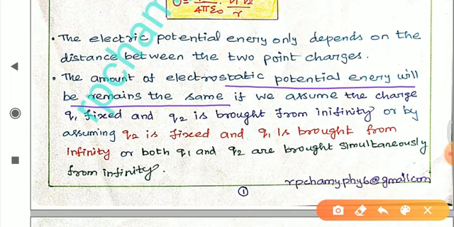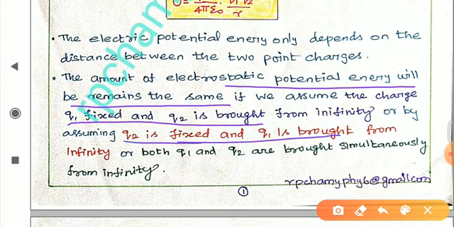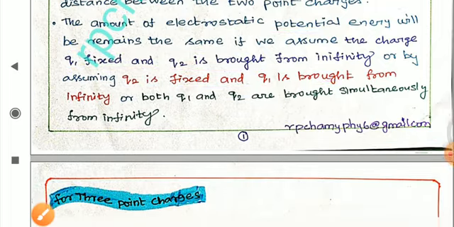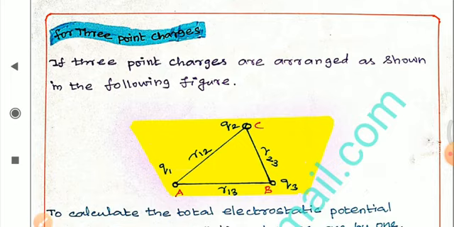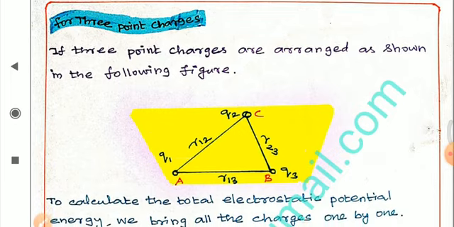If we assume q1 is fixed, q2 is brought, or q1 is brought, q2 is fixed, the electrostatic potential energy only depends on the distance between the 2 point charges. Then next, if 3 point charges are there, what is the total amount of work done?